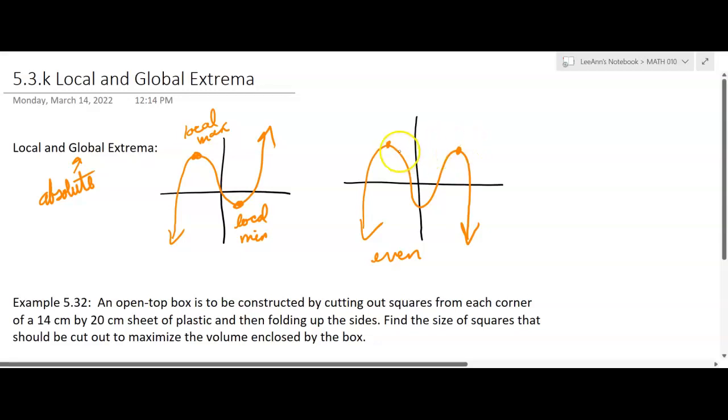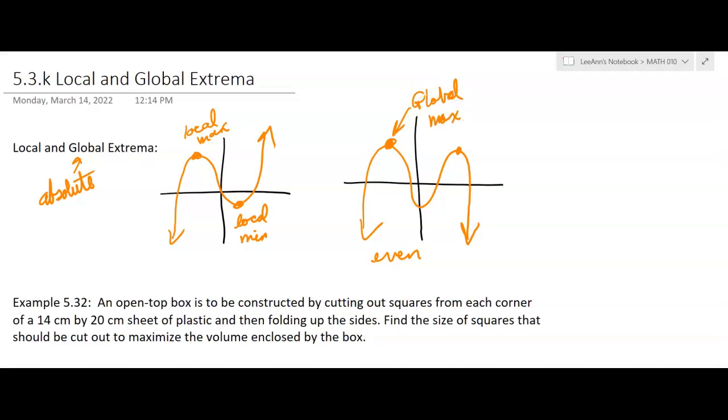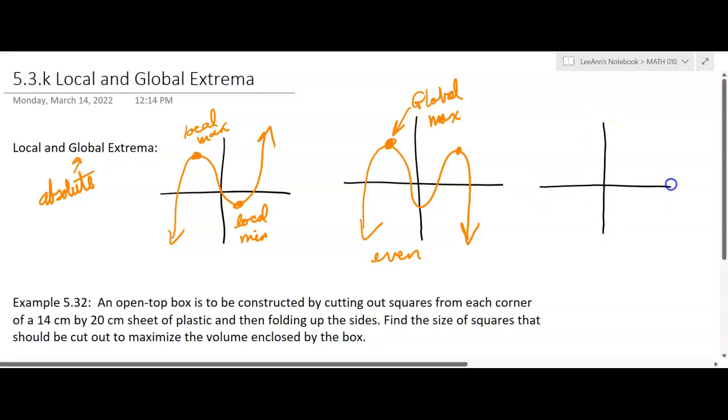I'm assuming those are the same, but this one looks a little bit higher, so that would be the global max. And then if you had a graph going like this, you'd have a global min right there, or the absolute minimum point for the whole graph.